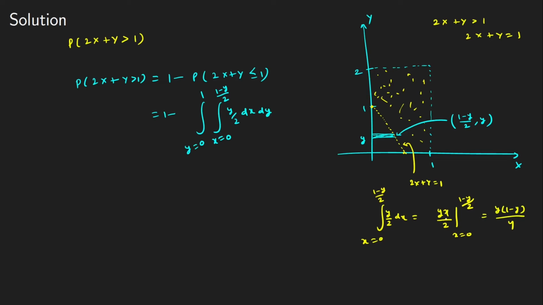When you put x equals 0, it just becomes 0. So this is the integration. Now we can put it here and integrate further. So it will be 1 minus the integral for y from 0 to 1, with 1 by 4 taken outside, of y times (1 minus y) dy.